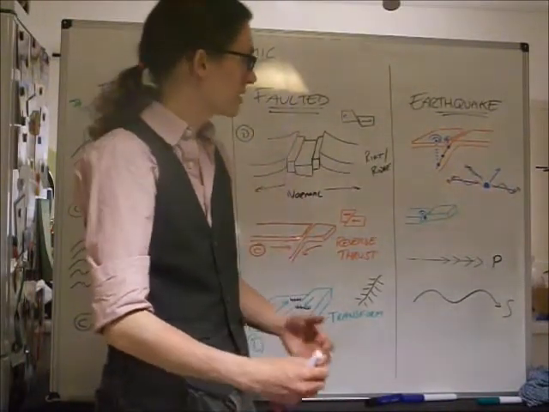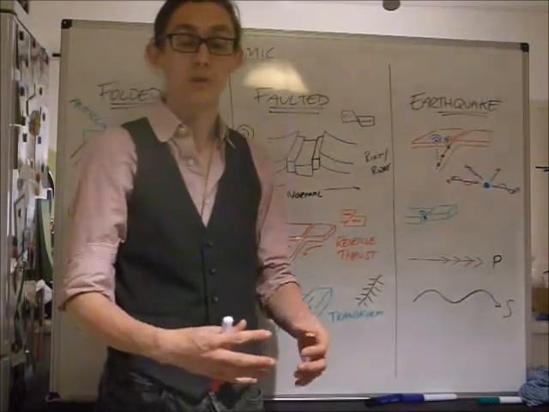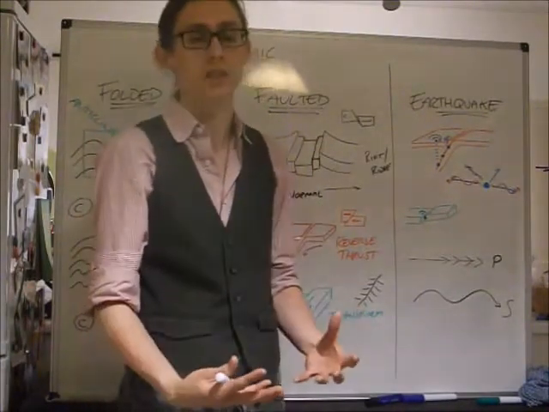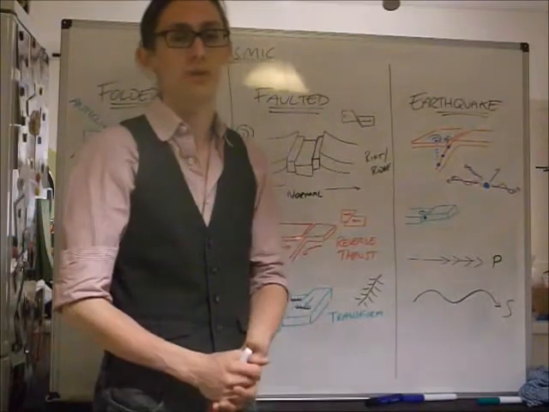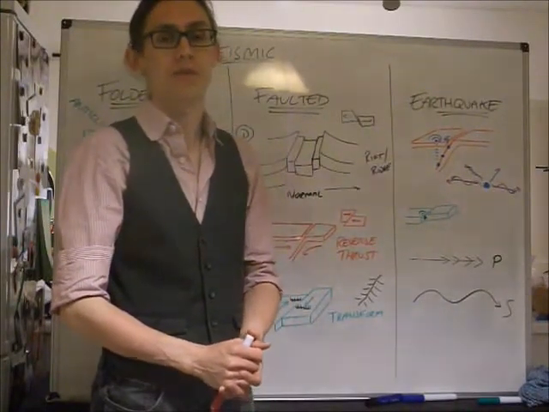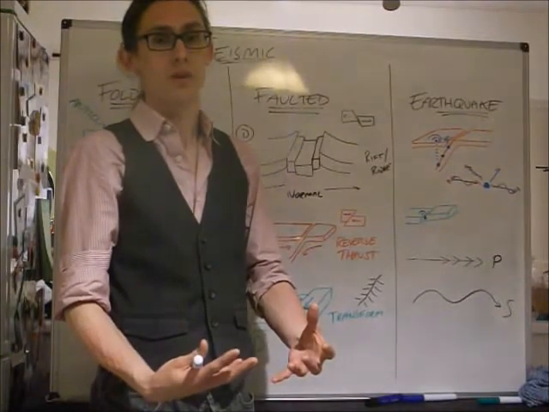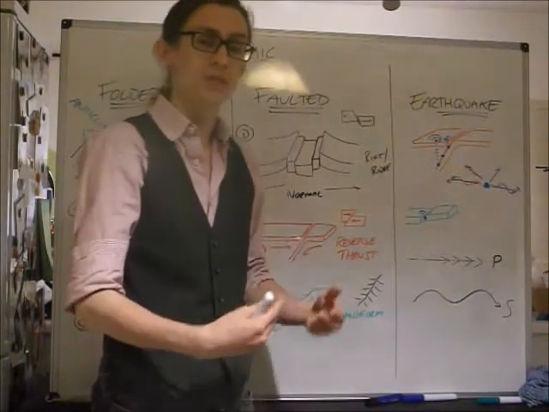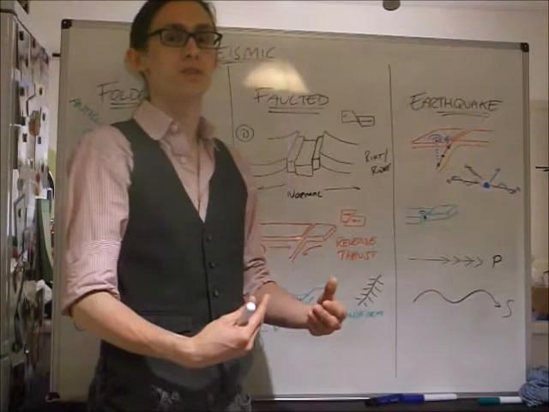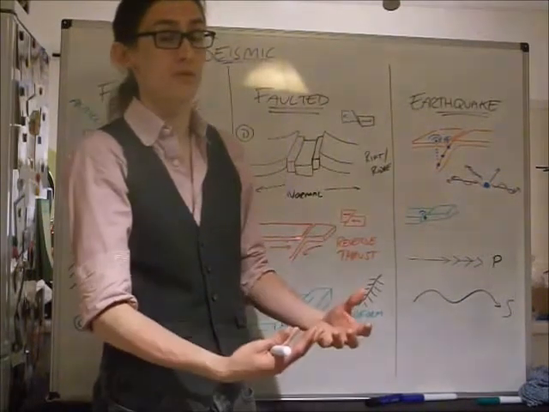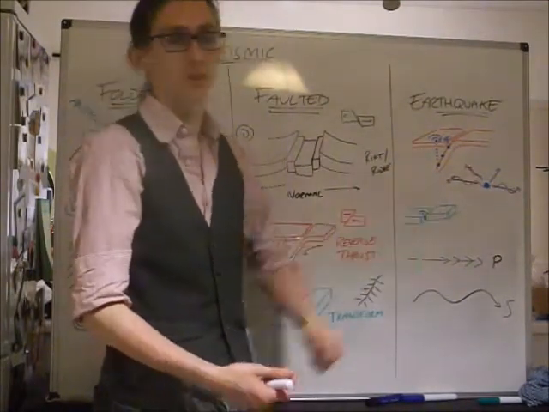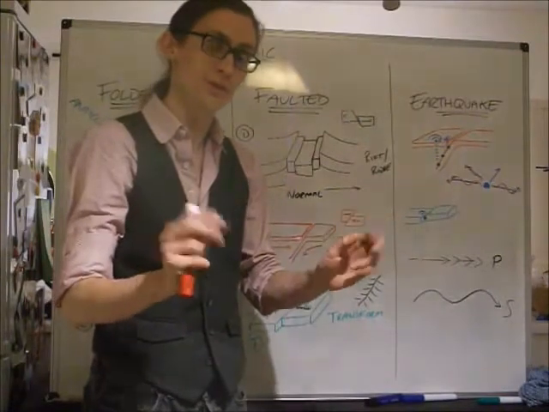So you might get a very deep focus earthquake that released a huge amount of energy, and that will cause a large amount of shaking just because of the sheer amount of energy. But if you think of it in terms of the amount of shaking that you get for the amount of energy the earthquake releases, a shallow focus is the most efficient earthquake.